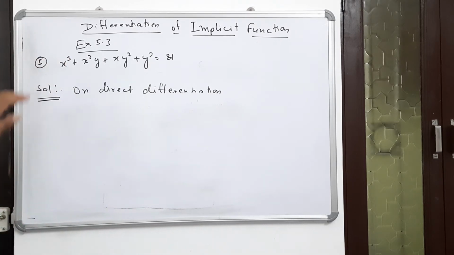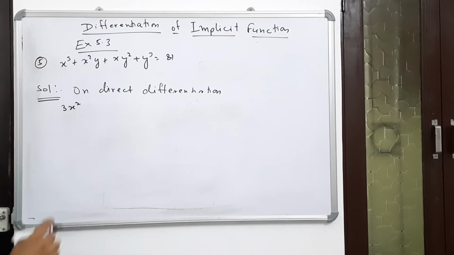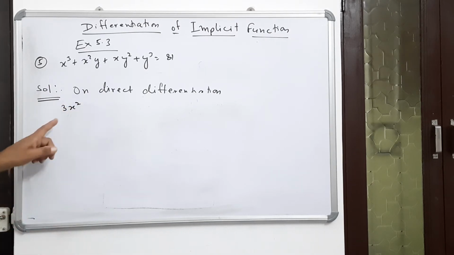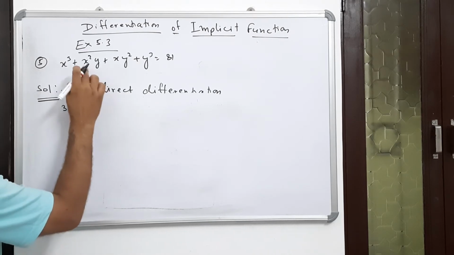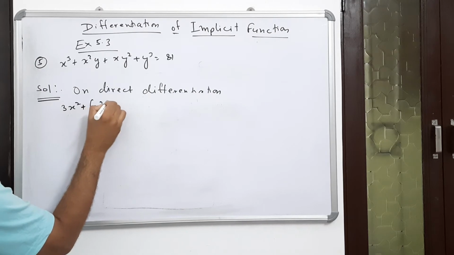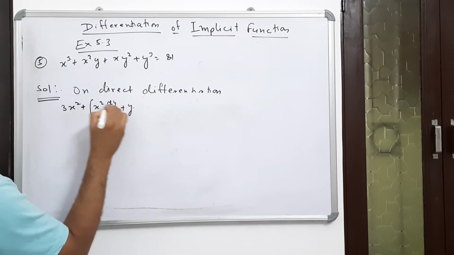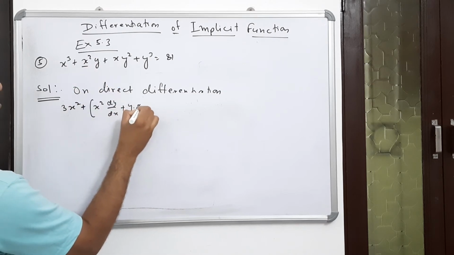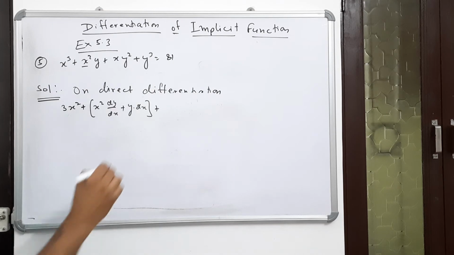Now I am starting with the x cube. The derivative of x cube is 3x square, and we don't write any dy by dx with this. Now the second term, the product rule: x square dy by dx plus y dot the derivative of x square, which is 2x. Now I am taking xy square.